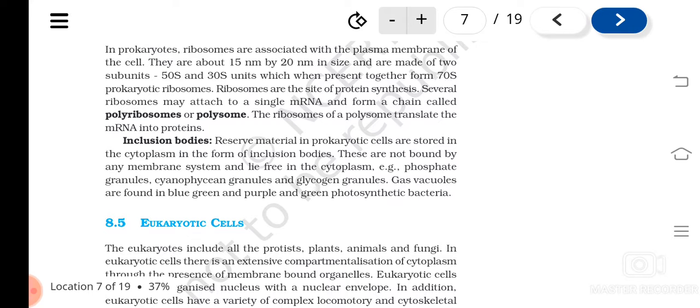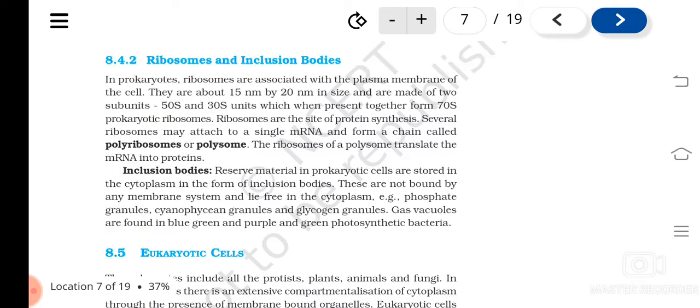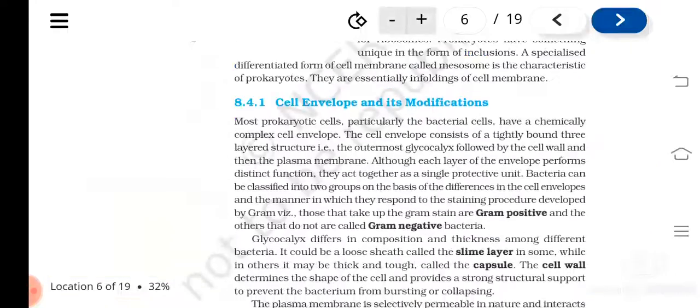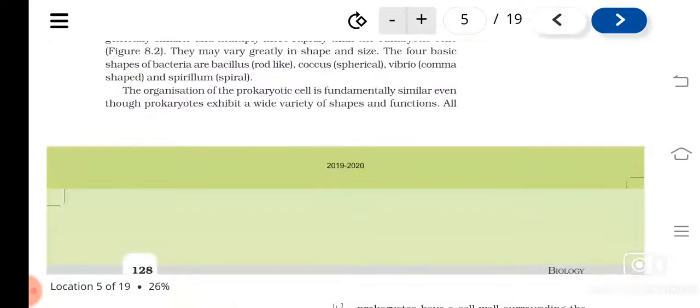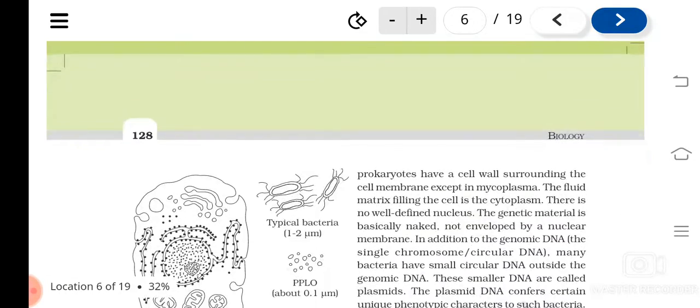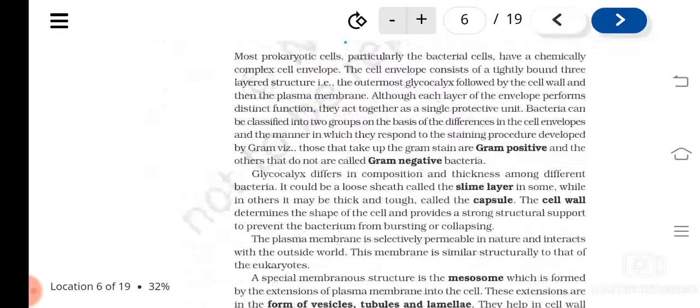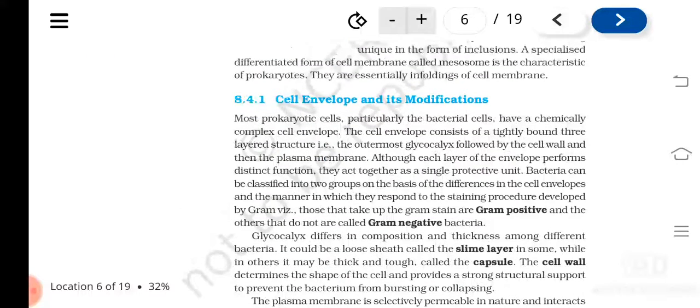So these are the major features of a prokaryotic cell. So when you see a prokaryotic cell, what are the specialities of this? They have the cell envelope. If you see, the outermost layer is the glycocalyx.